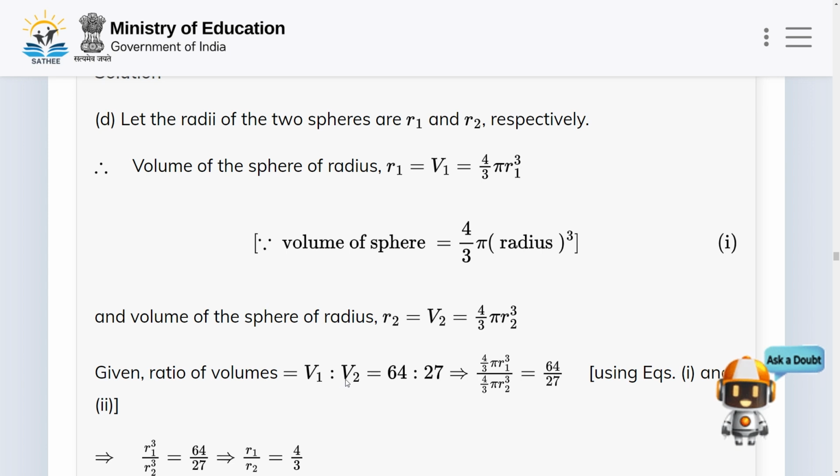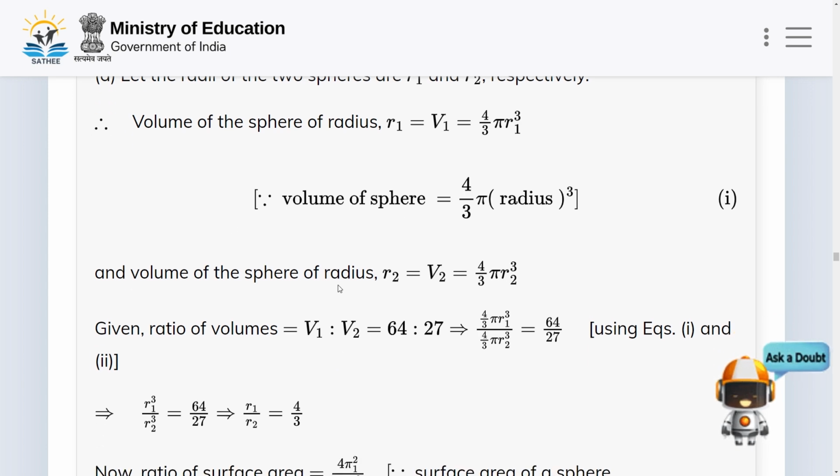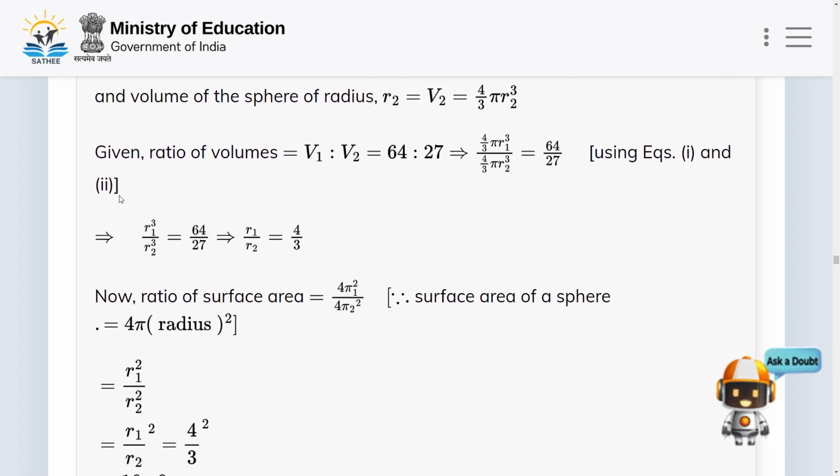Given the ratio of volumes v1 is to v2 as 64 is to 27, it implies 4/3 pi r1 cube divided by 4/3 pi r2 cube is equal to 64 by 27, so r1 cube by r2 cube is equal to 64 by 27, and it implies r1 by r2 is equal to 4/3.